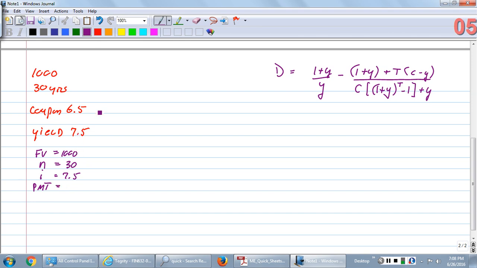The coupon rate is 6.5%, so remember, that means the bond is paying 6.5% interest per year. That's going to be $65. Let me plug that into my calculator. Oops, 65 is payment. Solve for PV, and I get $881.90.